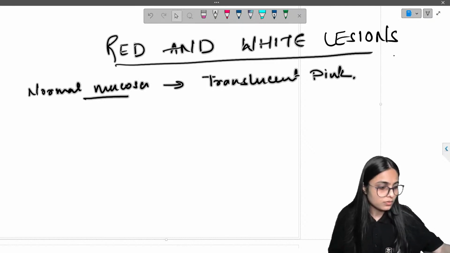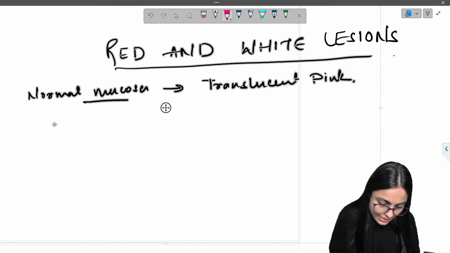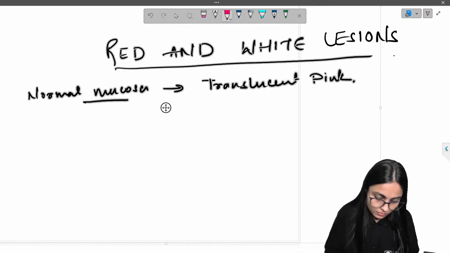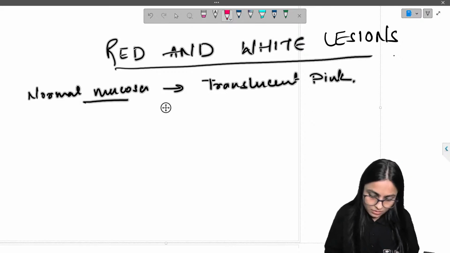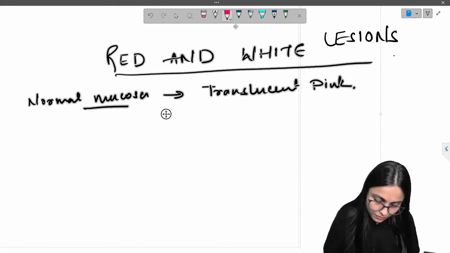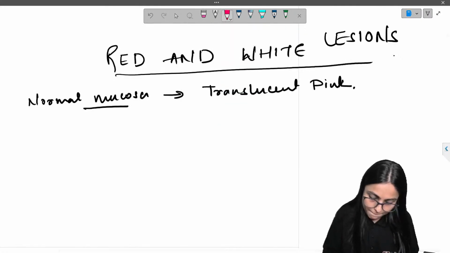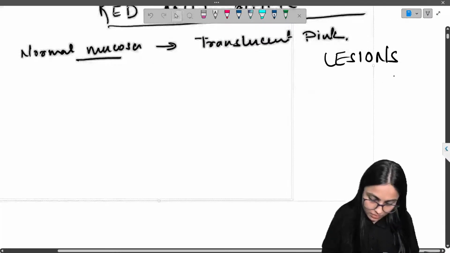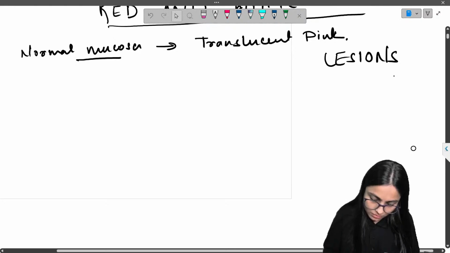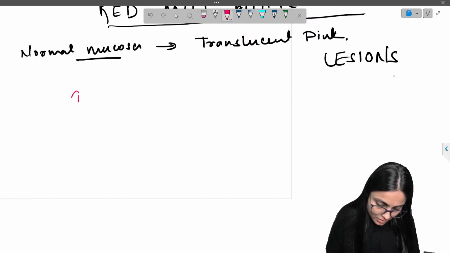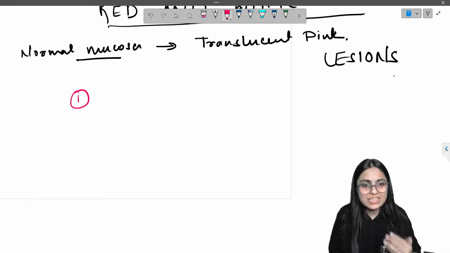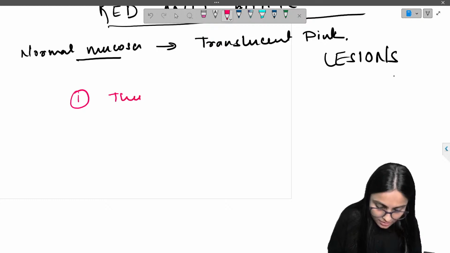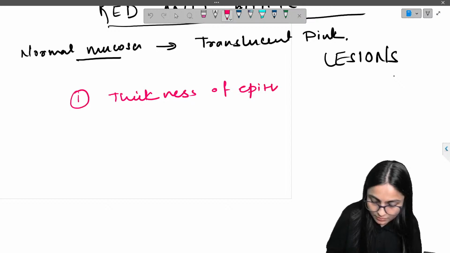First reason for change in the color is thickness of epithelium.